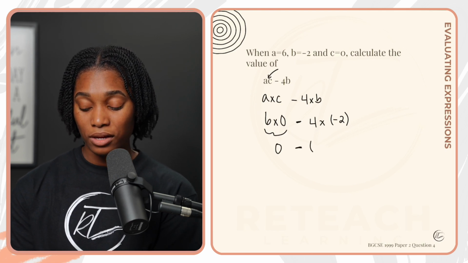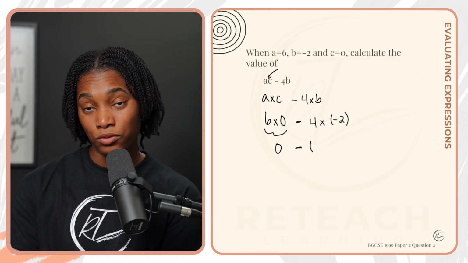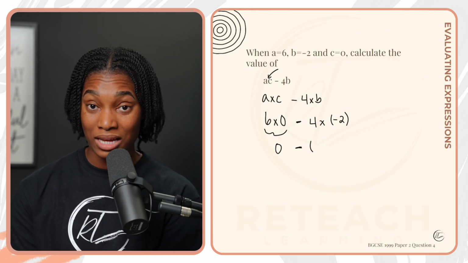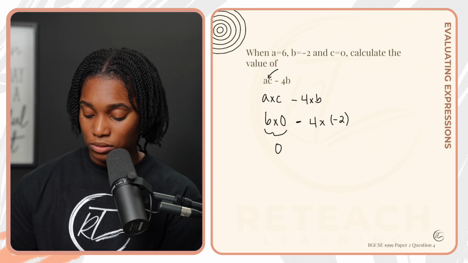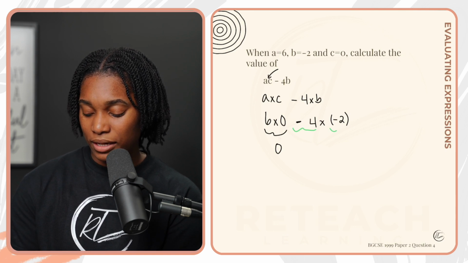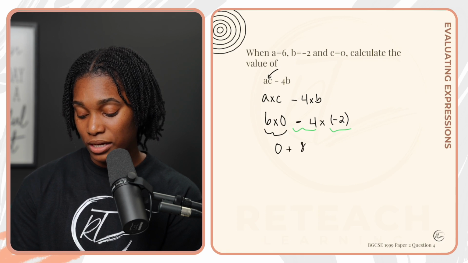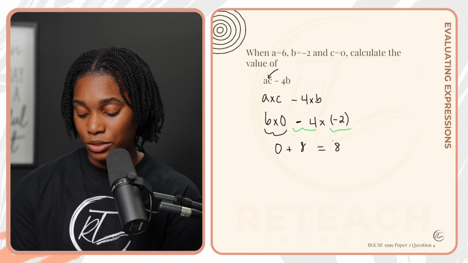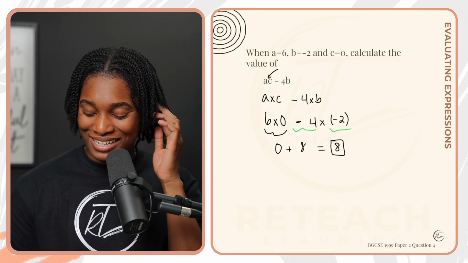So notice it's a negative in front of the 4. So if you want, you can say -4 times -2. You'll get the same answer. So let me just do it that way. -4 times a -2, that's going to give us a +8. All right, so 0 plus 8. And so our answer is just simply going to be an 8. Okay. All right, guys, let's keep on going.